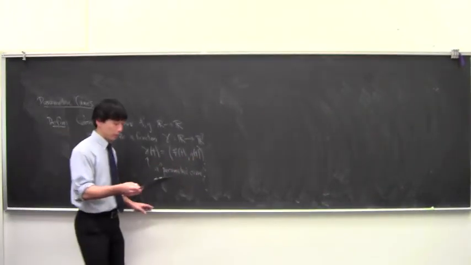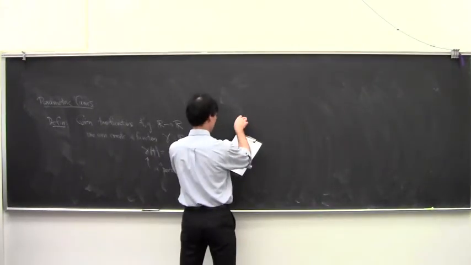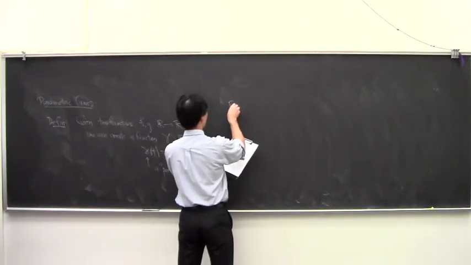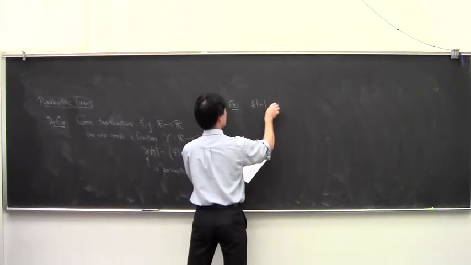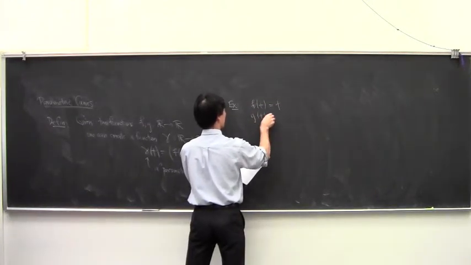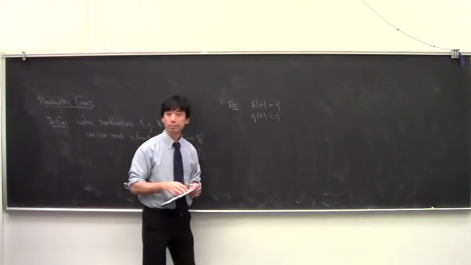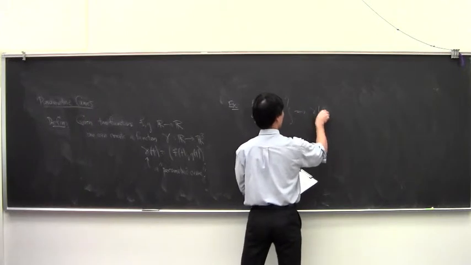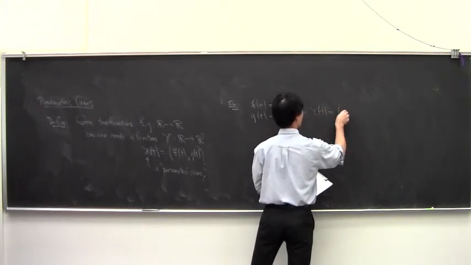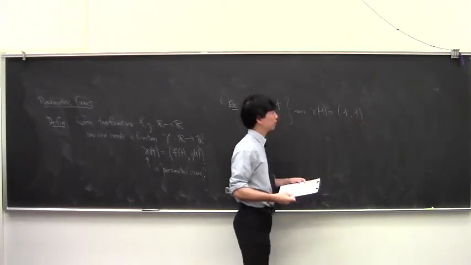Okay. So let me give you an example. Here are two functions, f of t is t, g of t is t. And then you create your curve, gamma of t is going to be f of t, g of t.